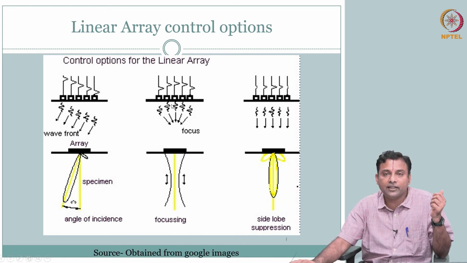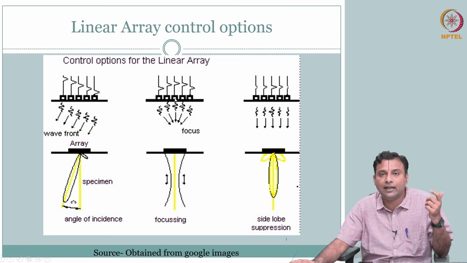So clearly I can manipulate this: this one I should send first because it has to travel a much longer distance to get here, while this is the shortest path.